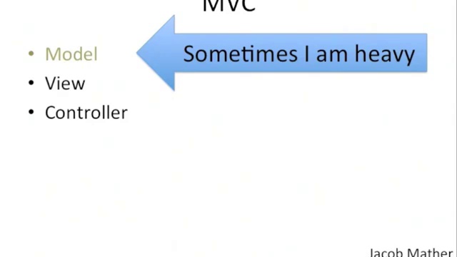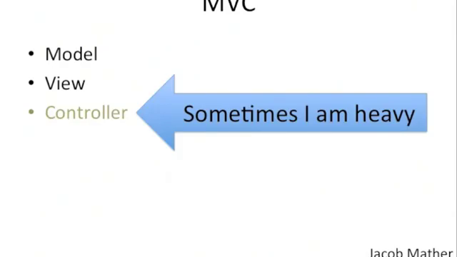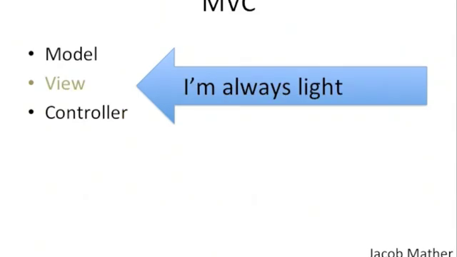Sometimes the model is the heavy part. Sometimes the controller is the heavy part. It really depends on where you want to put that logic. The model, typically, especially with web applications, is where your data is stored, like your user object or your page object. That will have all of that data. And then your controller is what takes that data and does whatever it needs to do to it to get it ready to go into the view.